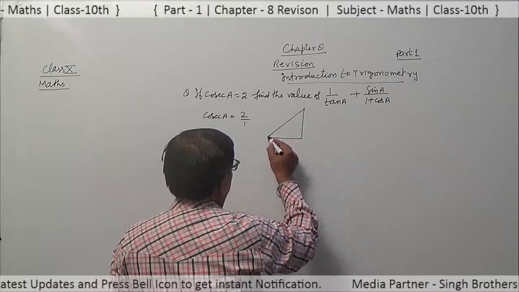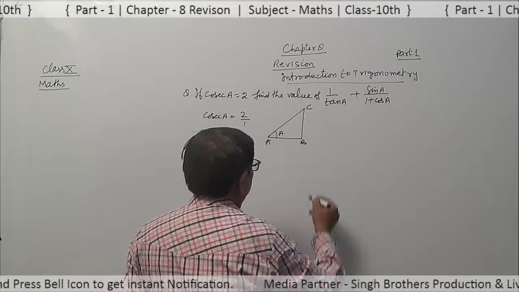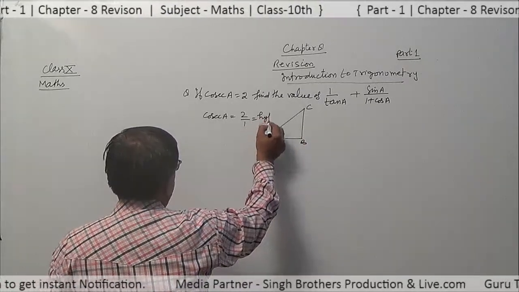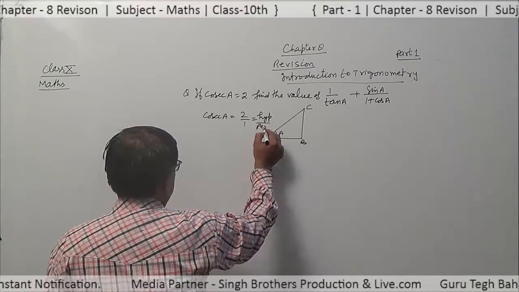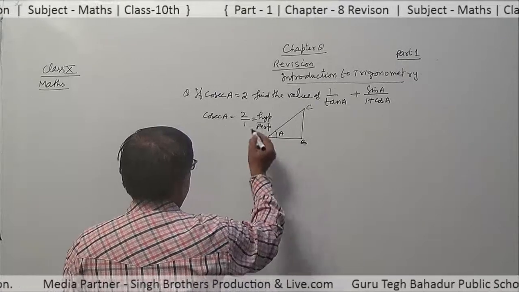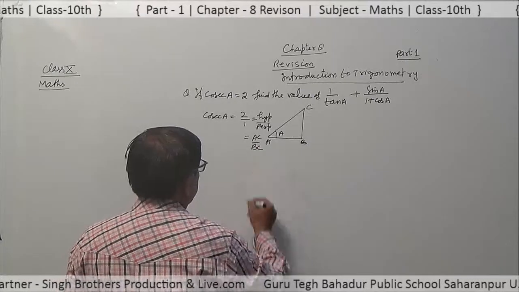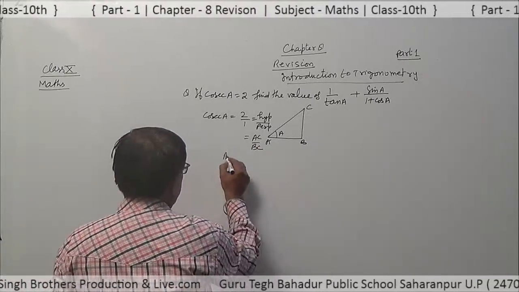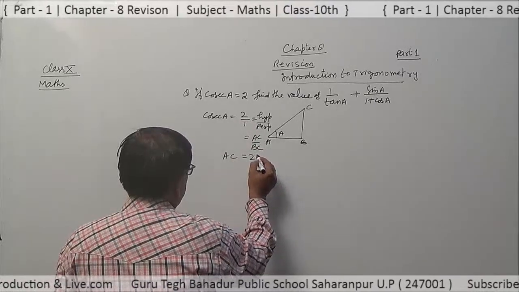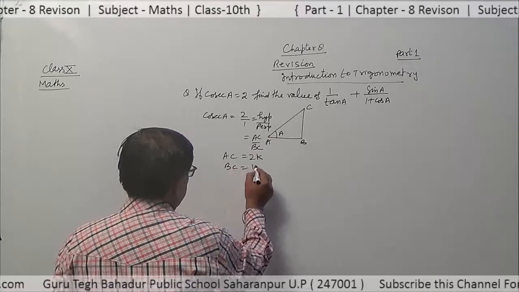This is angle A, this is B and this is C. Cosec is hypotenuse upon perpendicular, that is AC upon BC. So, AC is 2K and BC is 1K.